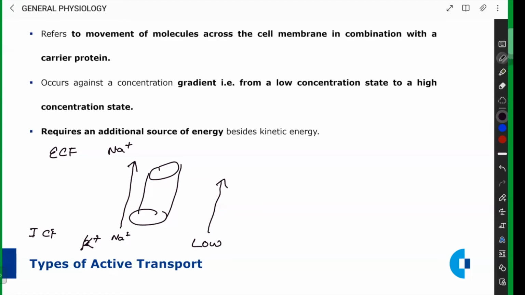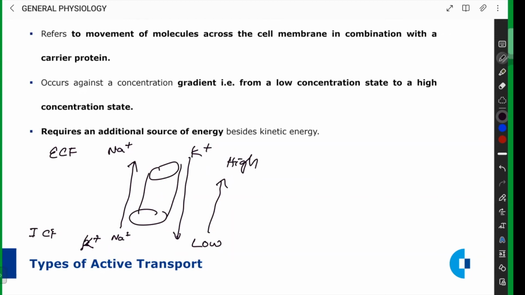There is going to be a loss of positive ions from your intracellular space. For that, you bring potassium back to your ICF. Already potassium is more in the ICF. Now you are bringing it from the ECF, where potassium is less, to the ICF, where potassium is more. That means here the flow is from a lower concentration to a higher concentration.